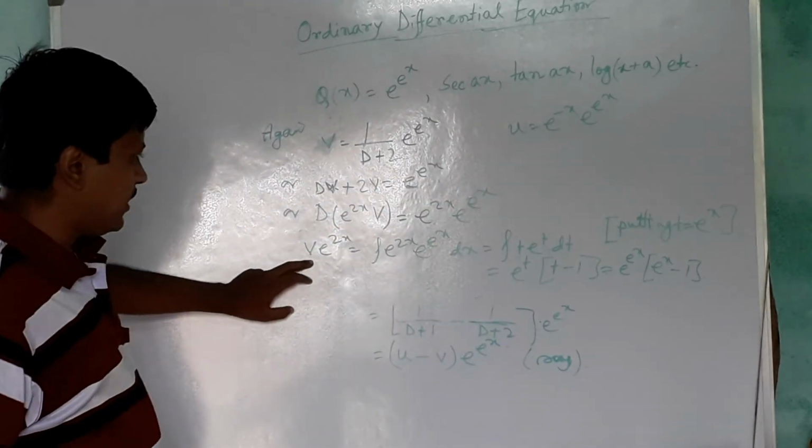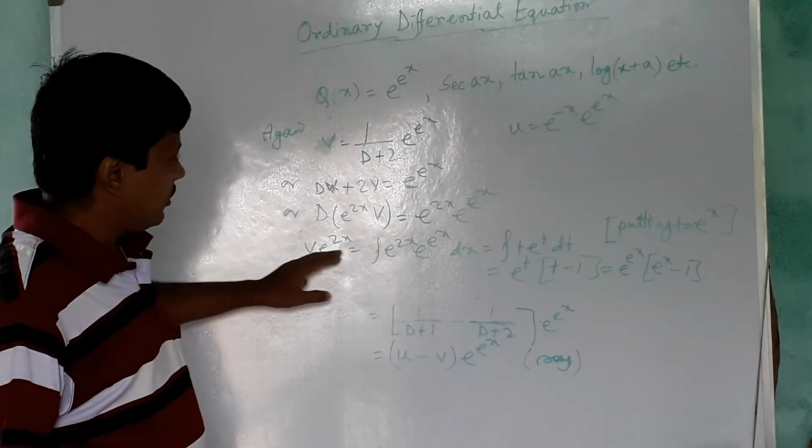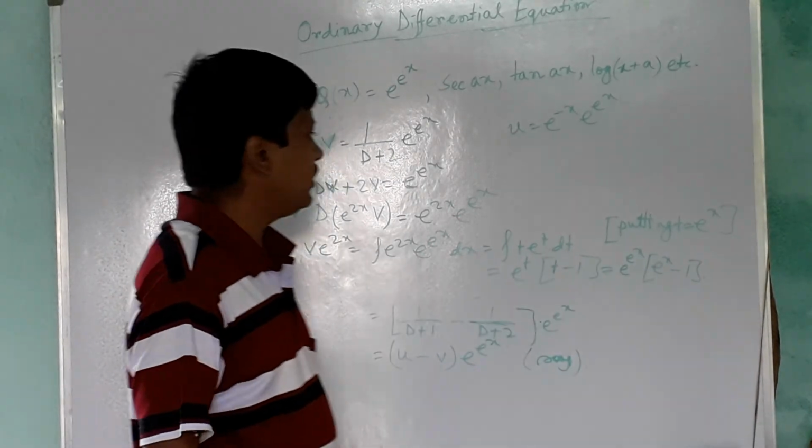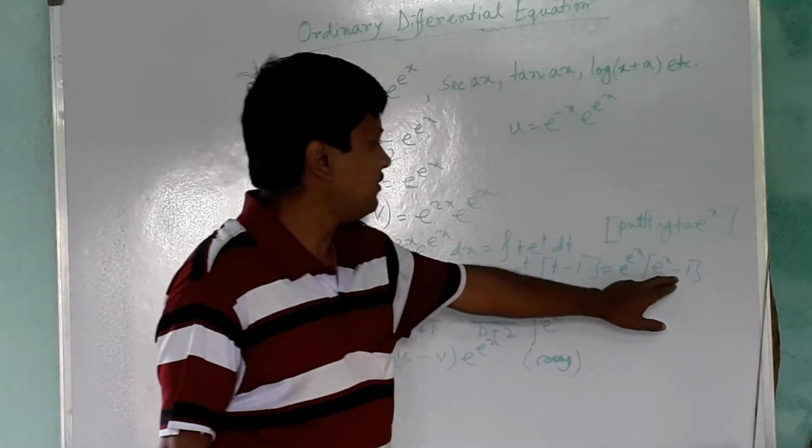So v is equal to e to the power minus 2x times that.